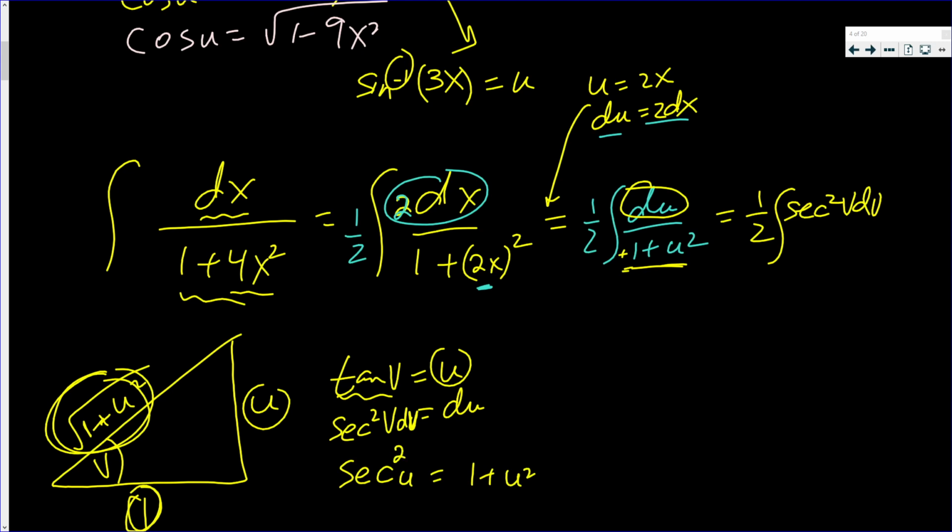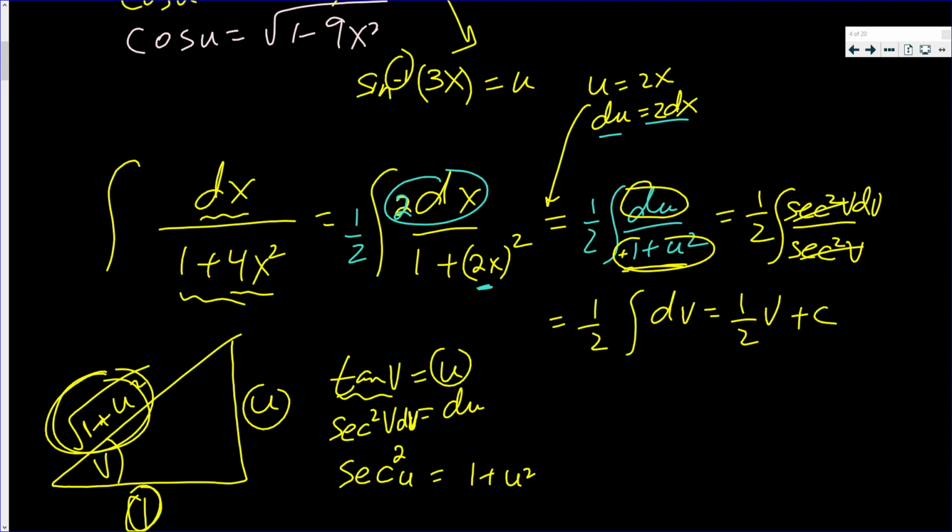But if I square the secant v, I just get 1 plus u squared. So the bottom, which is 1 plus u squared, is secant squared v. That cancels out. You get 1/2 of the integral of dv, which is v, plus a constant.